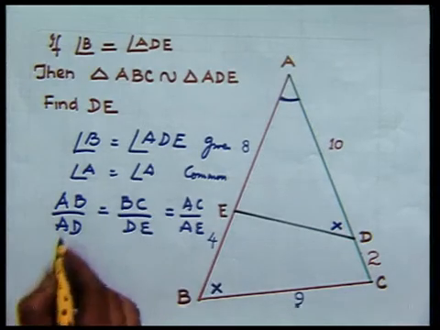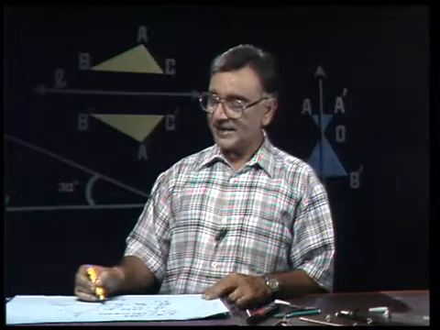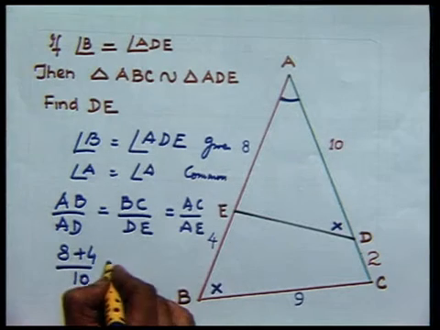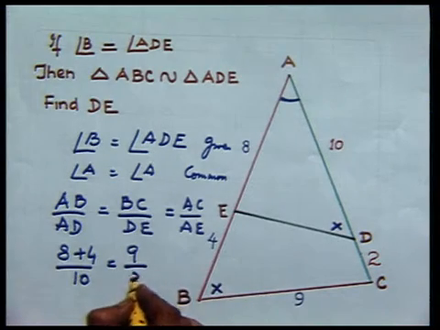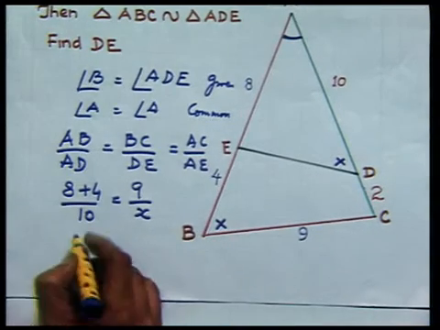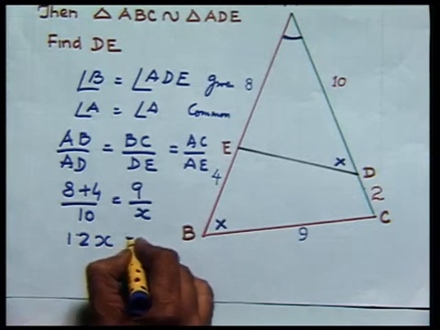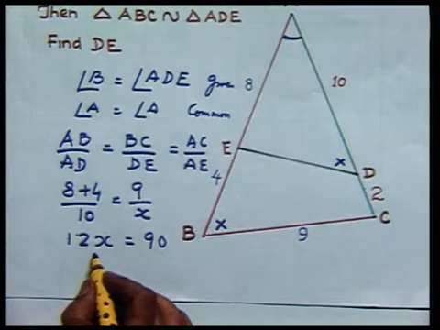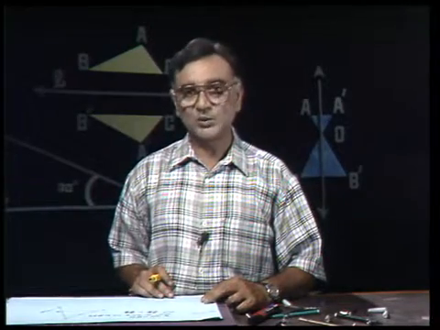AB here is 8 plus 4, AE being 8 and this being 4, and AD is 10, BC is 9 units, and DE I have to find out, let this be x. Now, if I solve it further, I get 12x is equal to 90, and from there you can find out the value of x, that is the length of side DE.